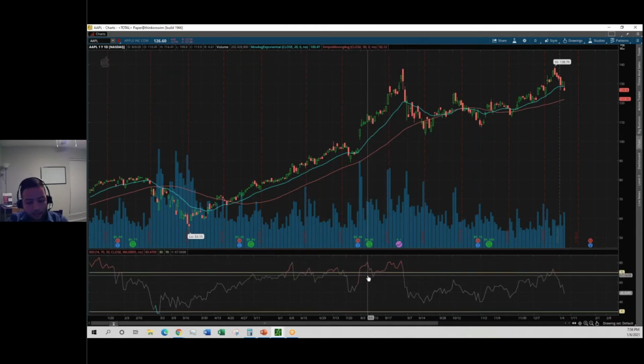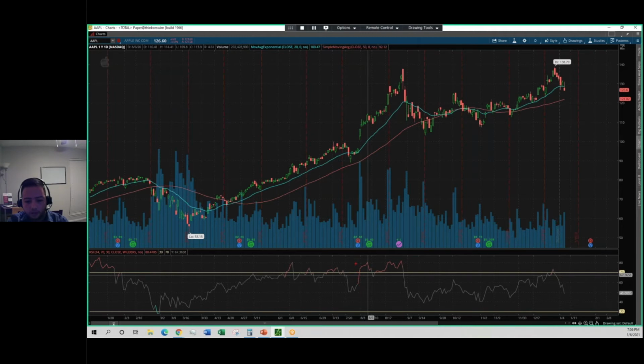So let's take this example here, okay, in which from the first week of August up until the first week of September, Apple was in this overbought zone. And it went up here, and it sort of came down, but it was a little bit fraudulent, and it stayed there for pretty much a month.